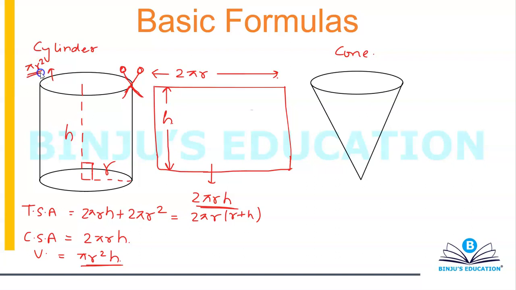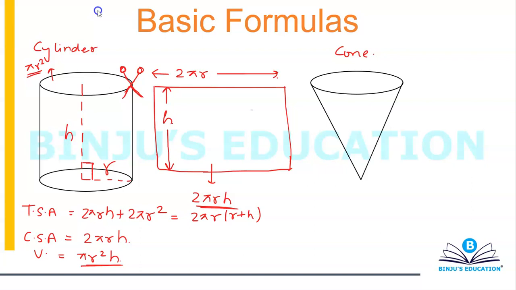To get a cylinder from a circle, you keep one circle on top of another: one circle, two circles, three, four, five, and so on up to height h. So the volume is pi r square multiplied by that third dimension, the height. So it's going to be pi r square into h.